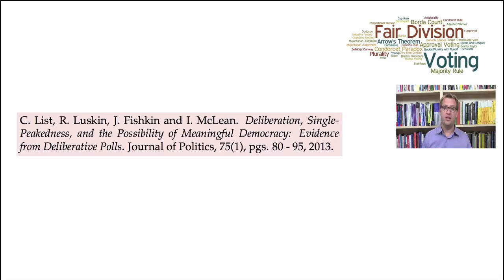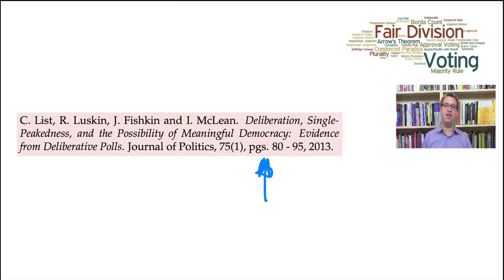So the question is, why should we assume that the voters' preferences are single-peaked? Well, I don't have time to really go into the answer to this question, but let me just point you to some literature and throw out a suggestion that has been offered in the literature. Namely, deliberation.